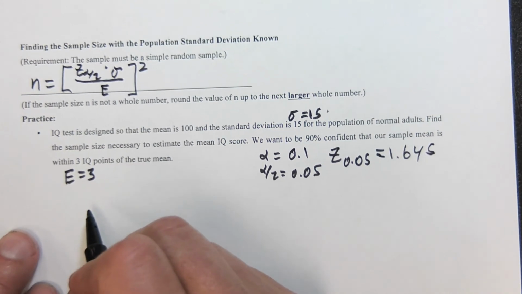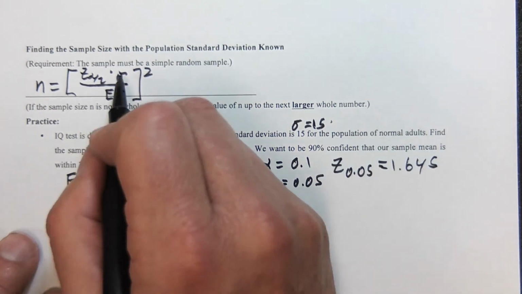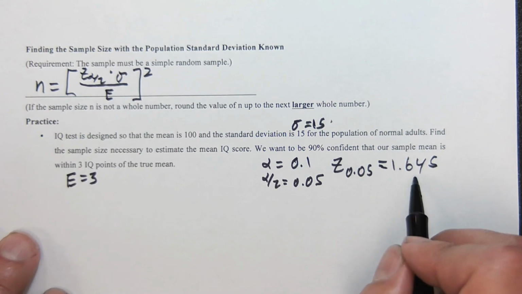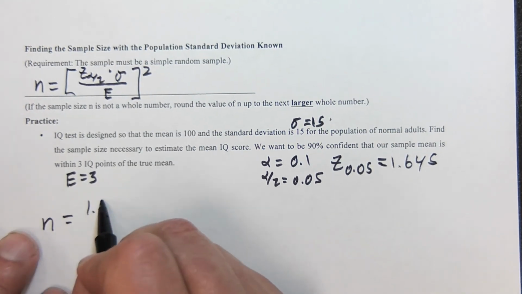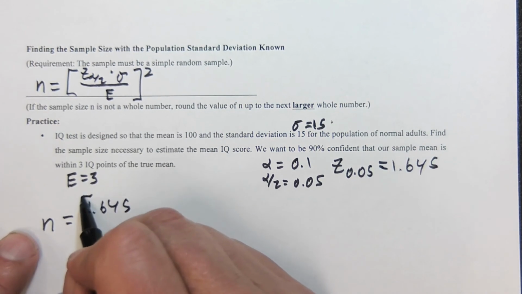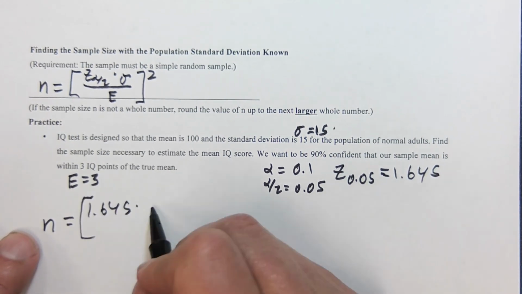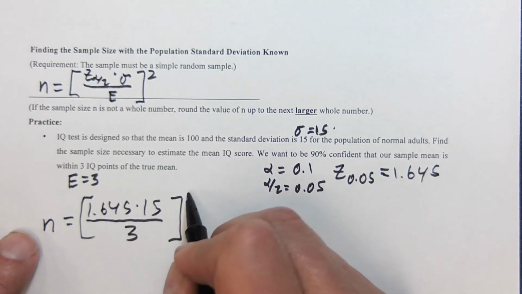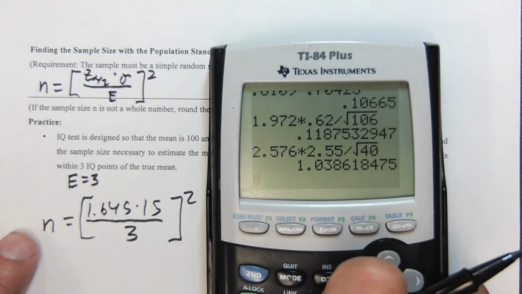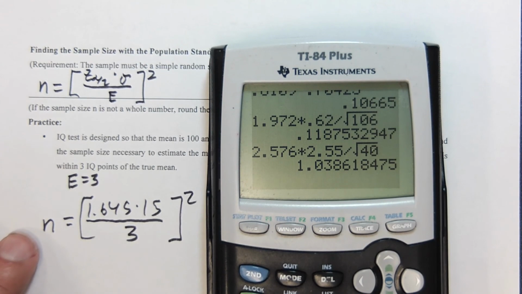So we have sigma, we have E, and now we have z sub alpha over 2. Here's our n: 1.645 times 15 divided by 3, close parenthesis, squared.